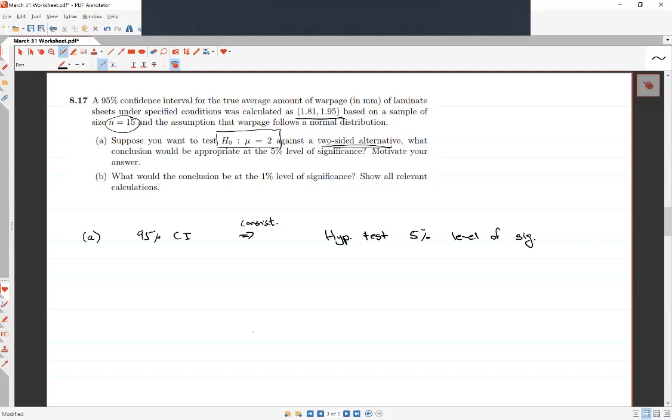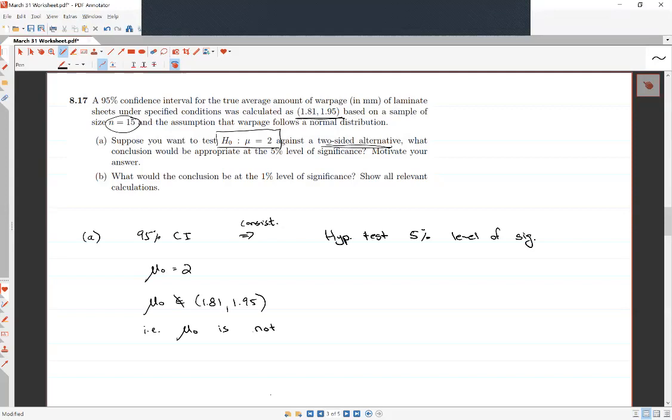So in this case, the value under the null hypothesis is 2, but that null value is not inside the confidence interval that was calculated. And so that means the value under the null hypothesis is implausible.